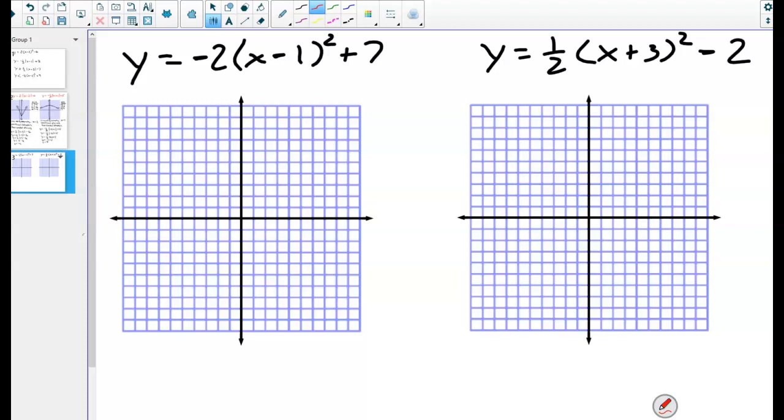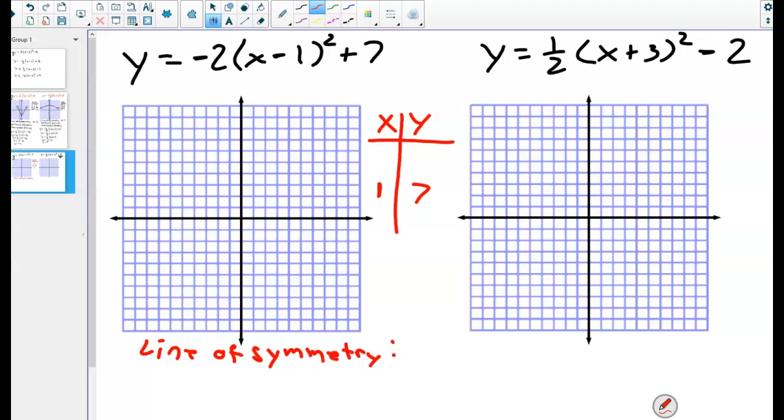Okay, so the vertex is found the same way. 1, 7. What makes the parenthesis equal to 0, I should say, and x equaling 1 here. Which means the line of symmetry is x equals 1.